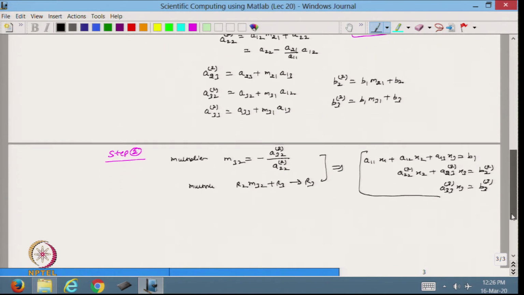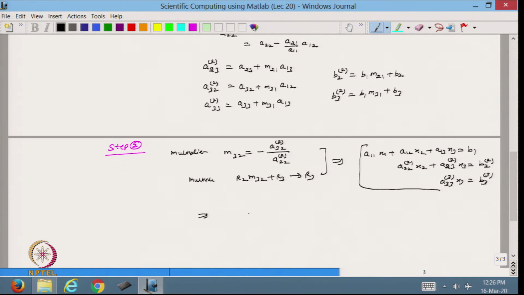Now, from here we can write that my A33 will be what? It will be A23 multiplied by M32 and added to A33 at the second step.